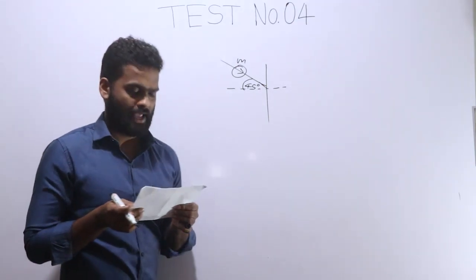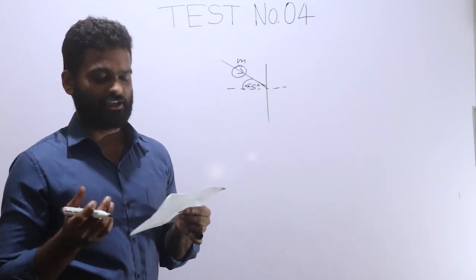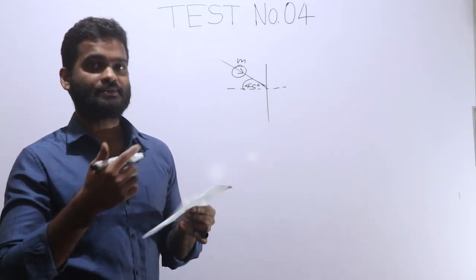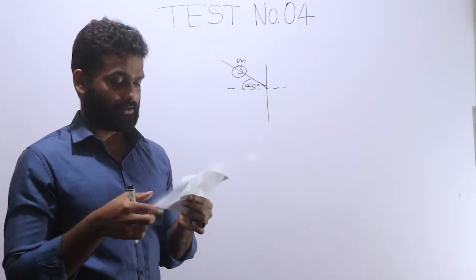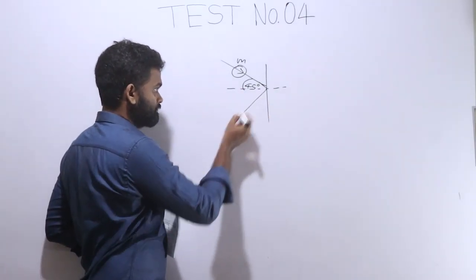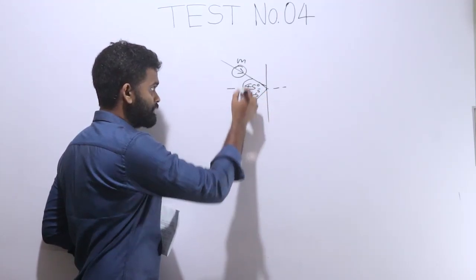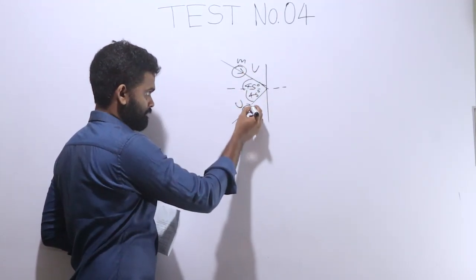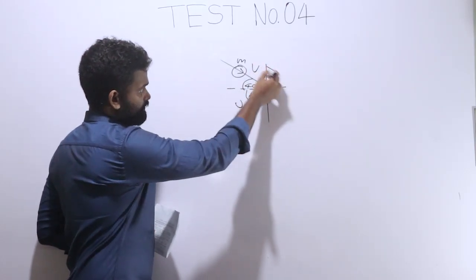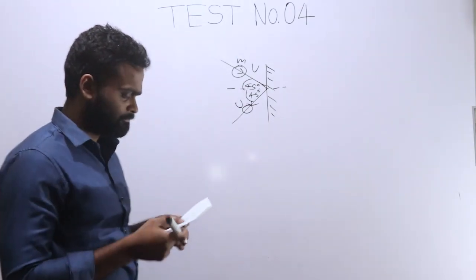Then let's say the mass bounces off the wall at the same speed V, making the same angle but to the other side. So still the angle is 45 degrees and the speed is V. So this is the wall. It bounces off like this.